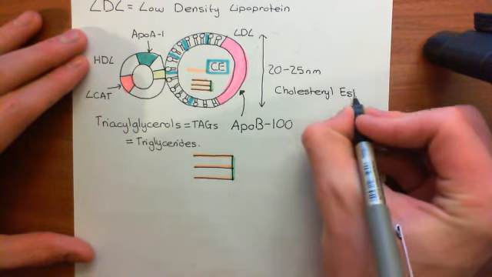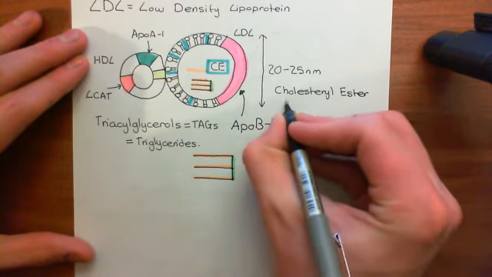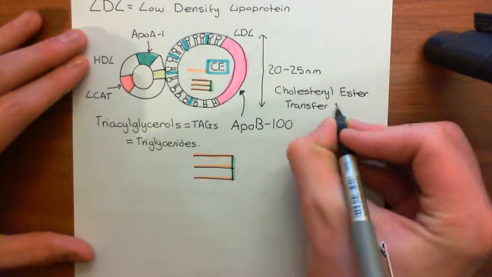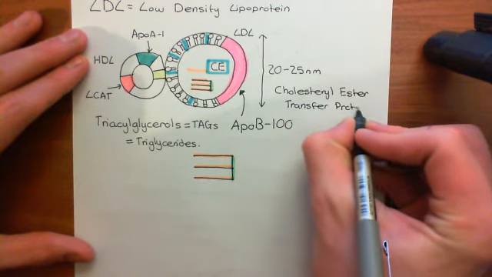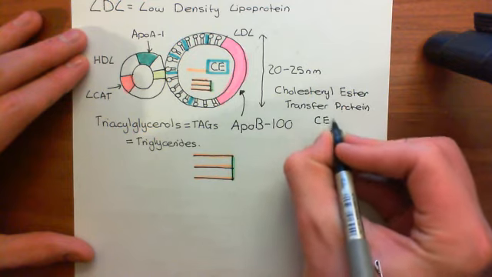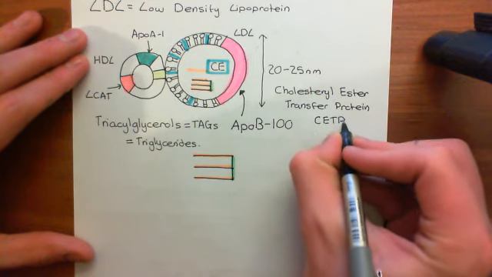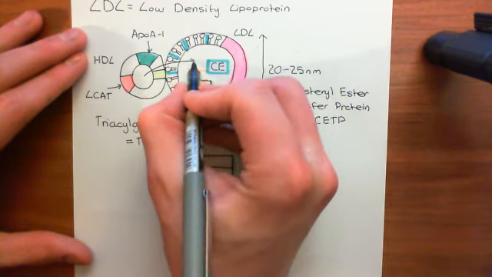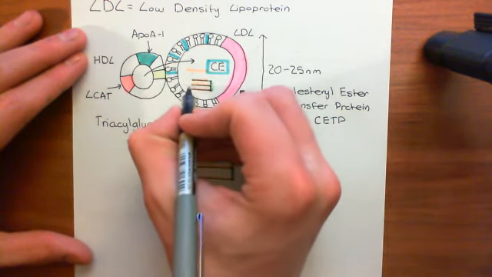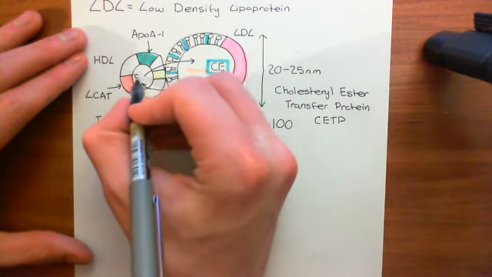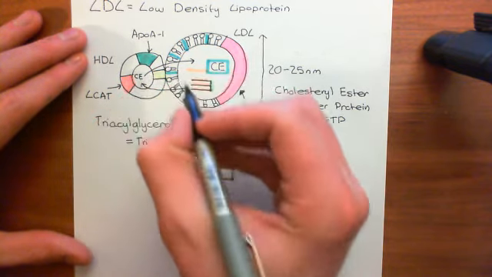And for short, it is often abbreviated to its initials. C for cholesterol, E for ester, T for transfer, and P for protein, so the CETP for short. And basically it's going to move a cholesterol ester into the LDL molecule in exchange for a triacylglycerol coming into the core of the HDL molecule.